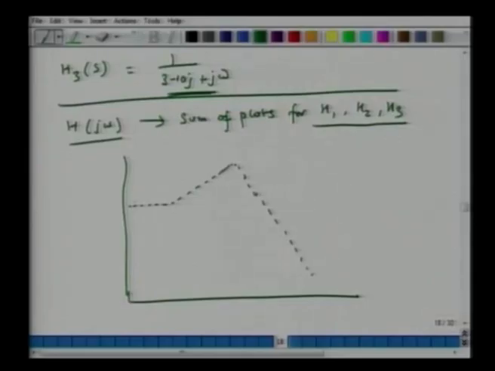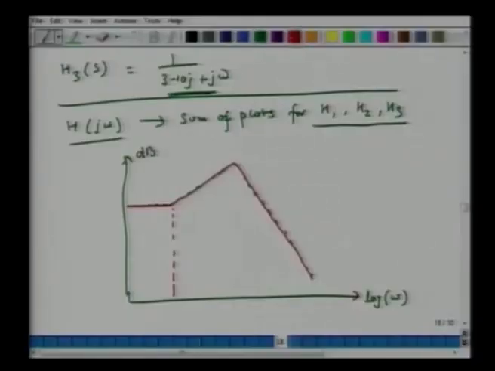So initially I have a horizontal line, then I have an upward sloping segment, and then I have a downward sloping segment. My horizontal axis is log omega, my vertical axis is on the decibel scale.